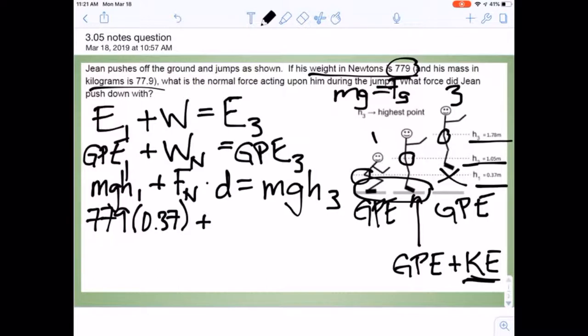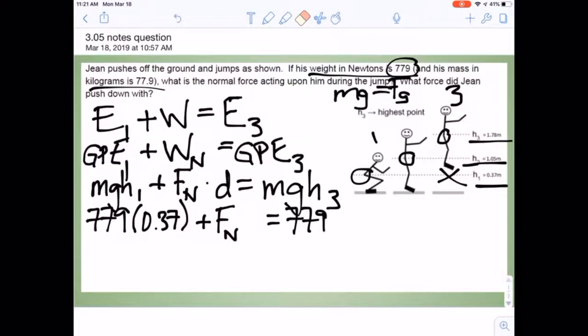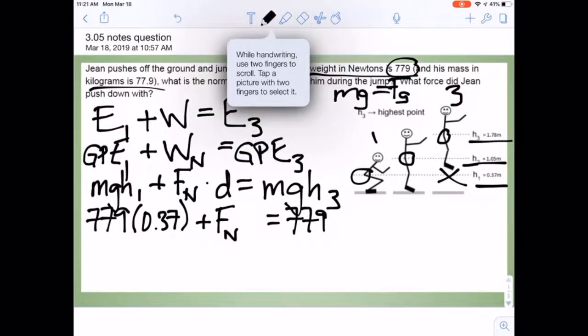Okay, I'm going to skip over the d for a second. And over here, mgh is 779 times his height at point 3, which is 1.78.